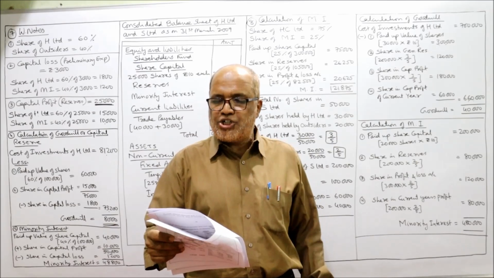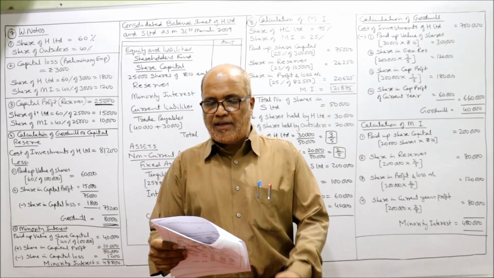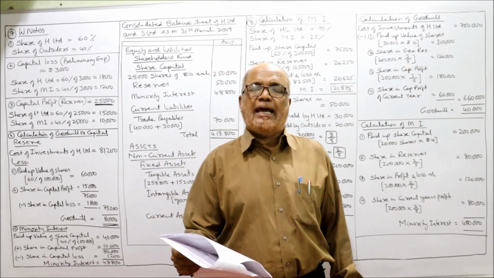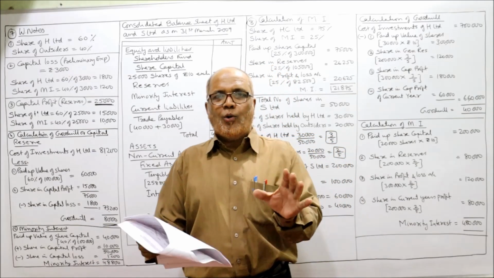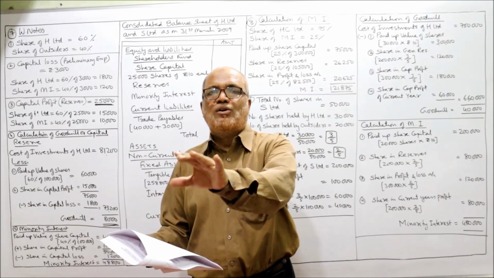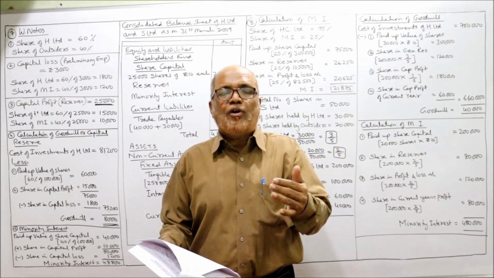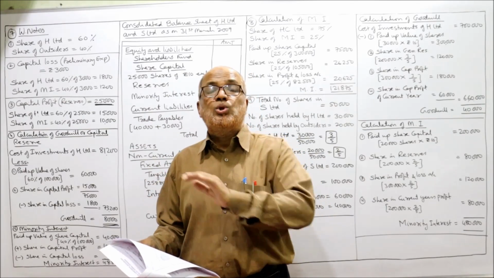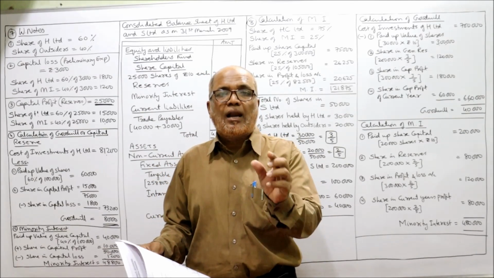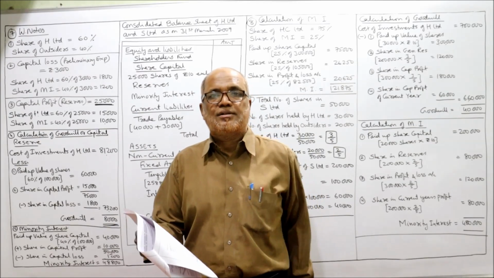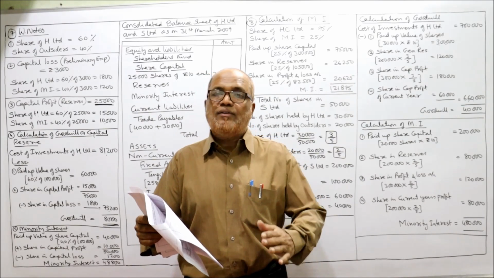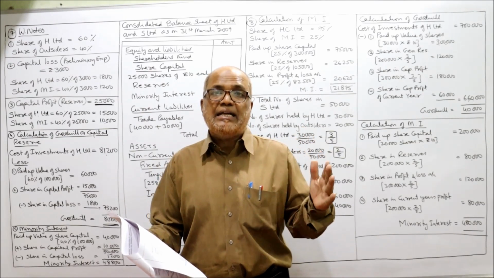So 60% shares in S Limited acquired on 31st March 2008. So holding company holds 60% shares of S Limited. Remaining 40% are held by the outsiders. So we have to calculate minority interest. And shares were acquired on 31st March 2008.